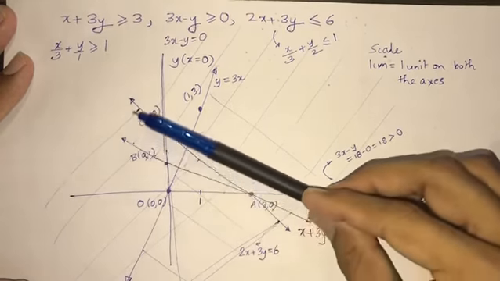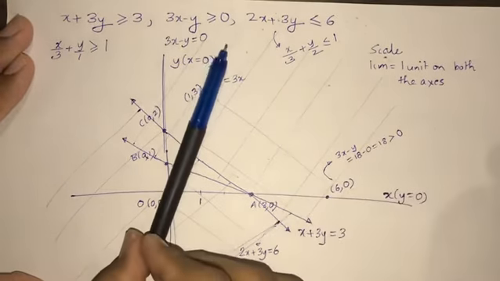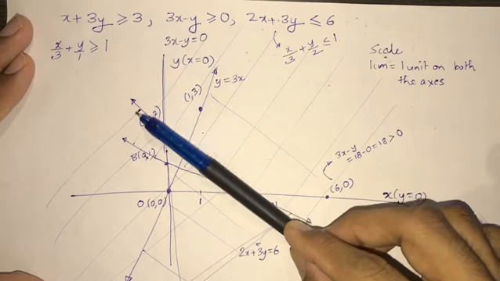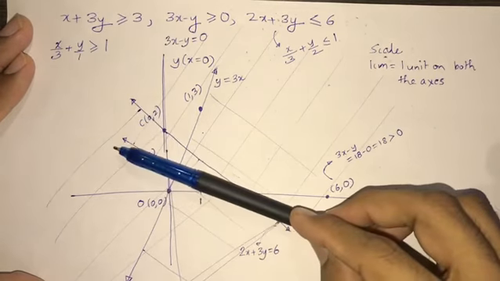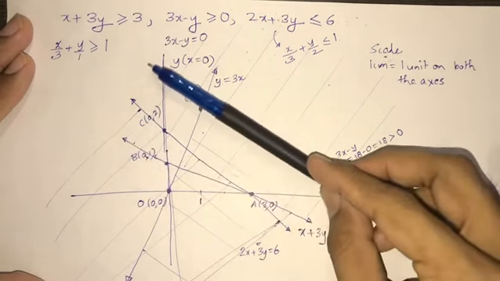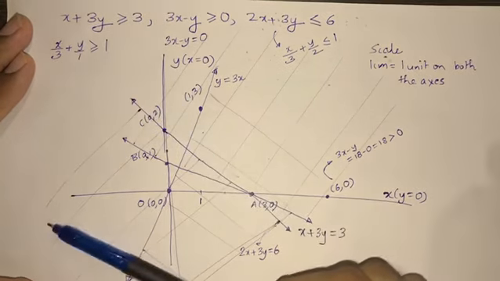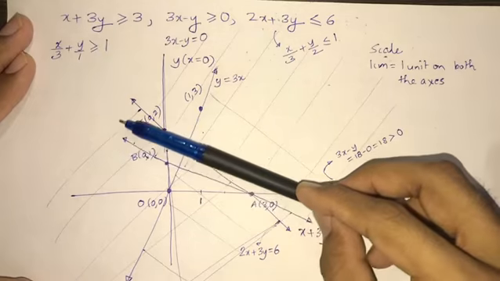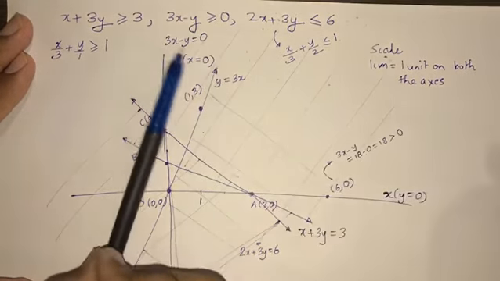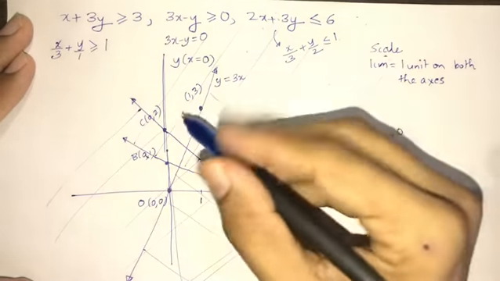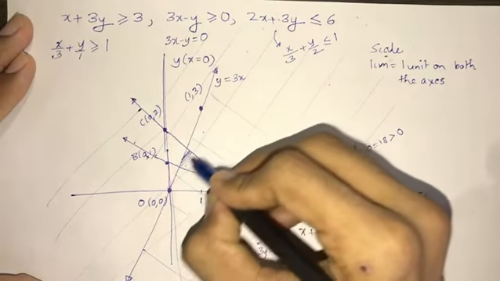AB is the non-origin side. Y equal to 3x is the 6 comma 0 side. So what I get to know is this is the region.